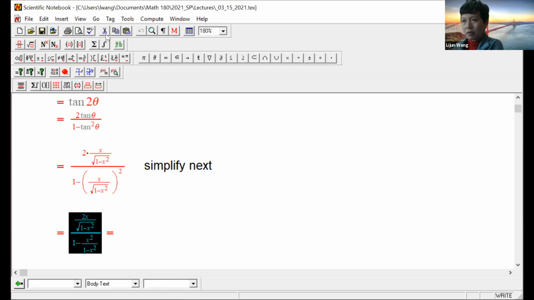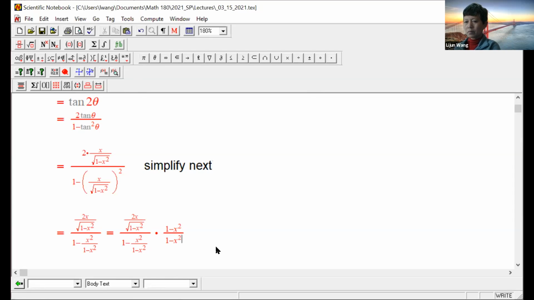So how do you simplify this? You're going to multiply 1 minus x squared on top, 1 minus x squared on the bottom. On the top, you multiply that.